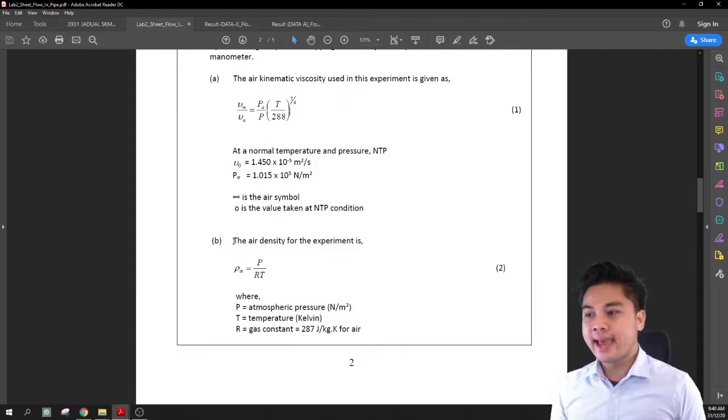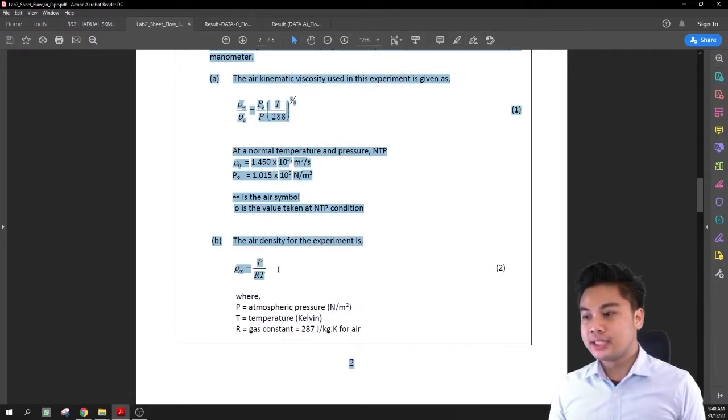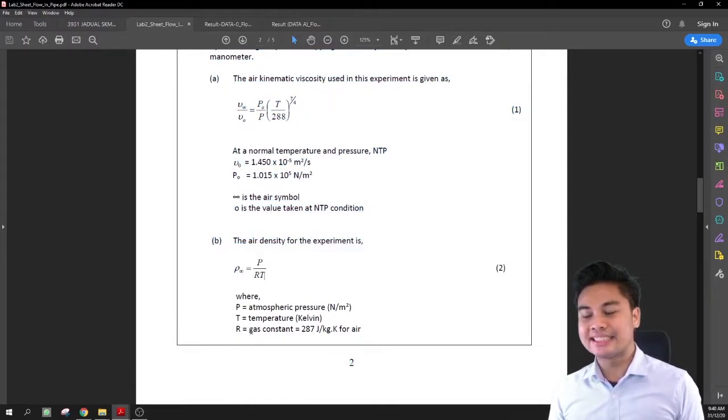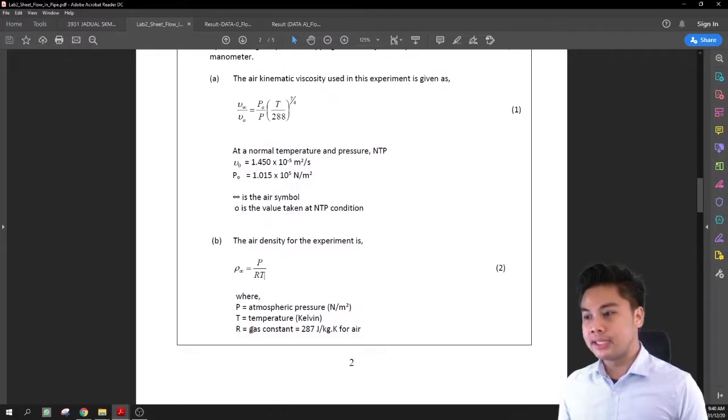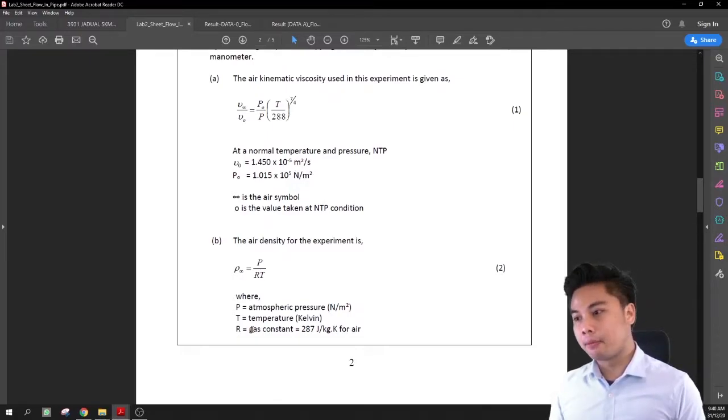And the air density for the experiment, rho infinity, which is rho of air, equals P over RT. This equation is the ideal gas equation, where we're going to use the gas constant equal to 287 joule per kilogram Kelvin, and the temperature definitely in Kelvin, which is absolute temperature, as well as absolute pressure.